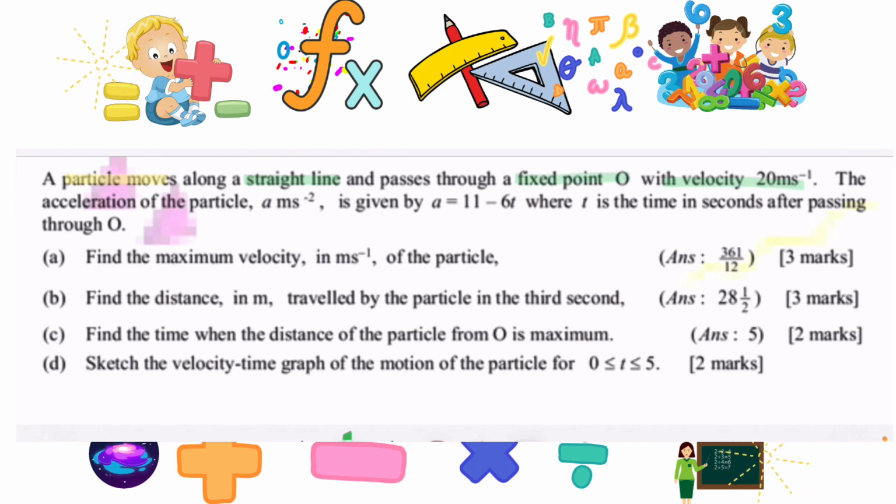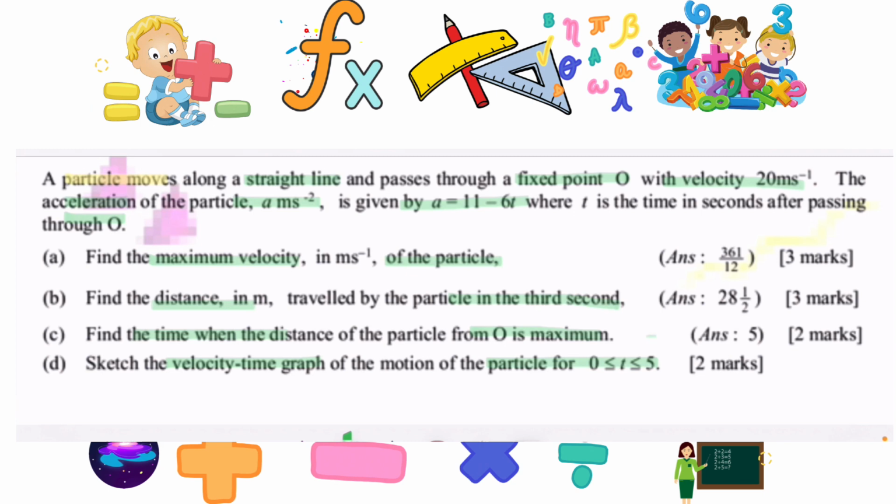Velocity 20 meters per second. This is very important. The acceleration of the particle, a meters per second squared, is given by a equals 11 minus 6t, where t is the time in seconds after passing through O. So we are going to find the maximum velocity of the particle, the distance of the particle in the third second, and the time when the distance of the particle from O is maximum.